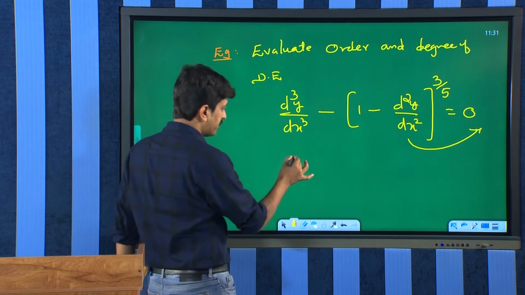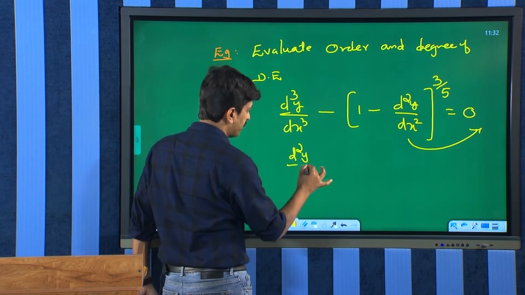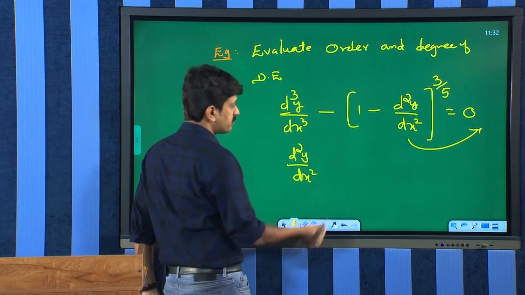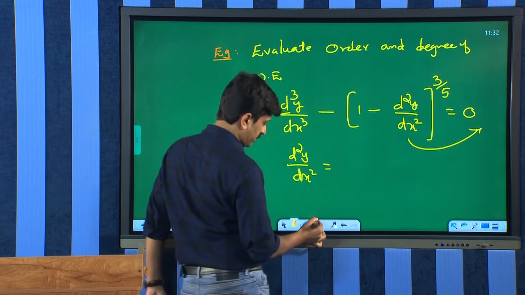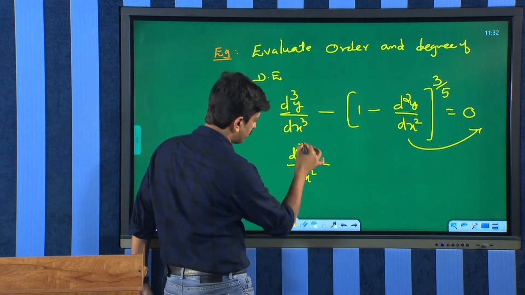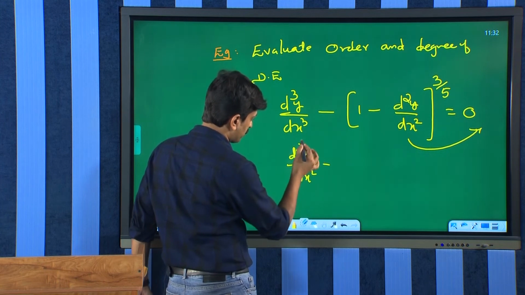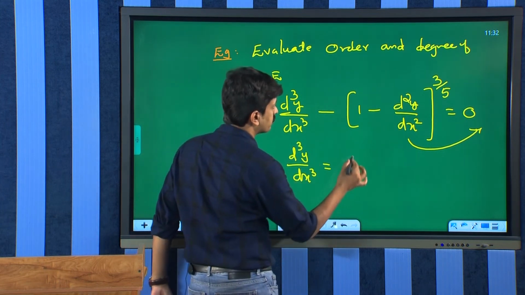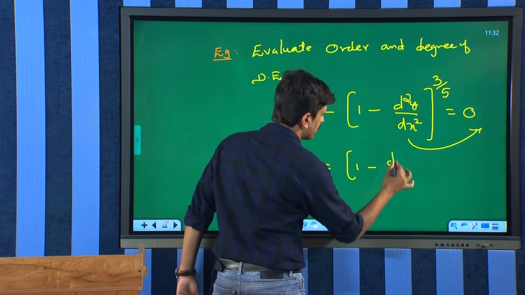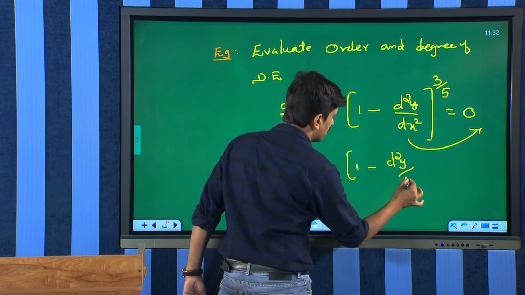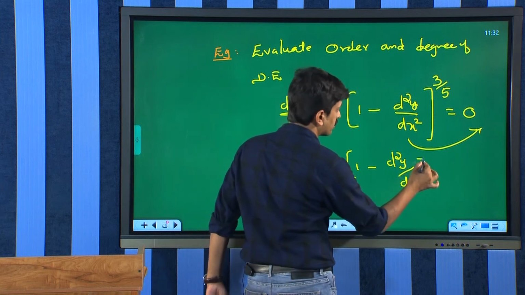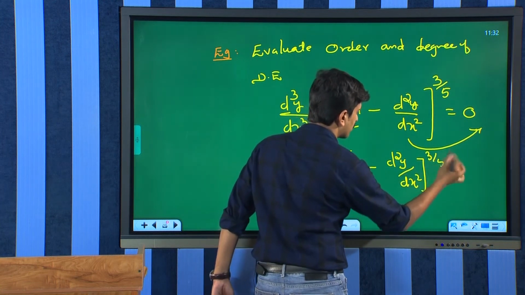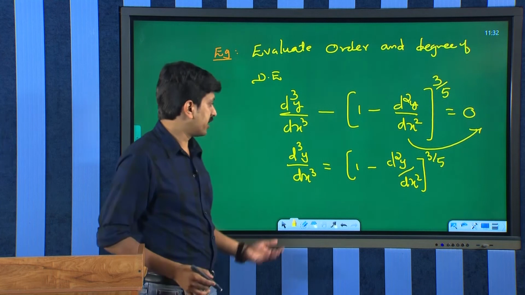So we have d³y/dx³ equal to 1 minus (d²y/dx²) whole raised to 3/5.